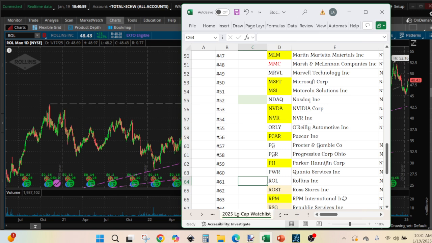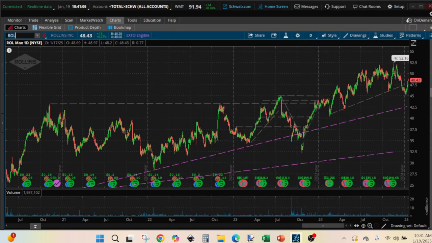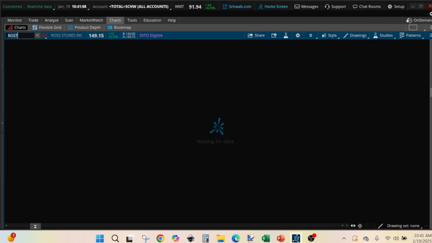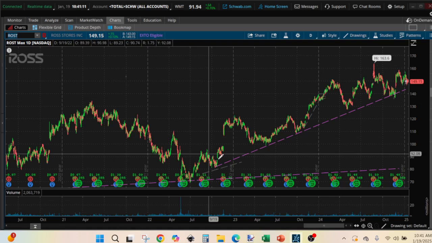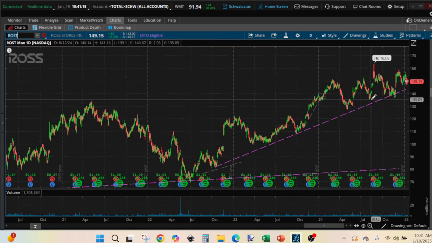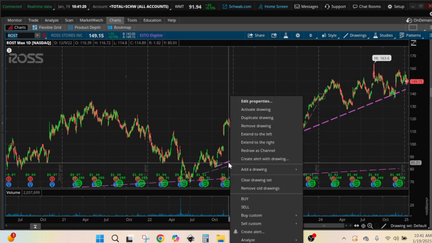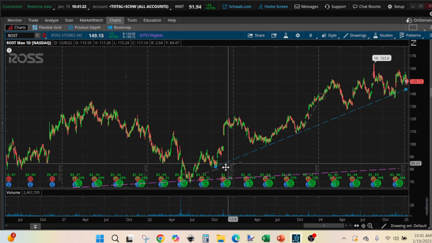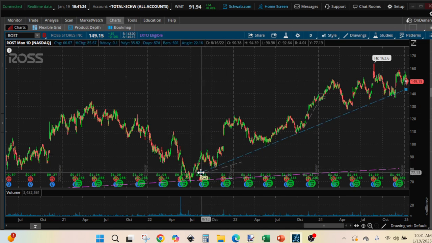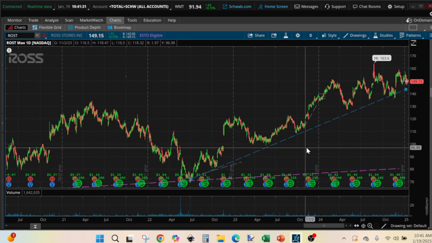The next one is ROST. We have this trend line and we have this one, and it seems to me that this one, if we activate it, we will be able to extend it even to touch base somewhere here as well.